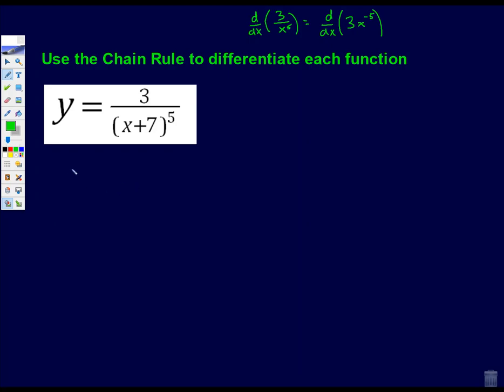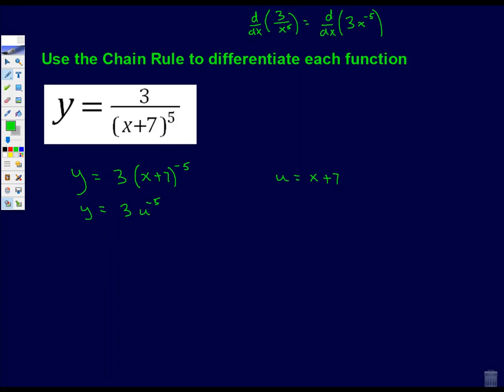I'm going to rewrite this as y equals 3 times the quantity x plus 7 to the negative 5. And now I'm going to identify u to be the quantity x plus 7. So my thinking is, this is 3u to the negative 5.